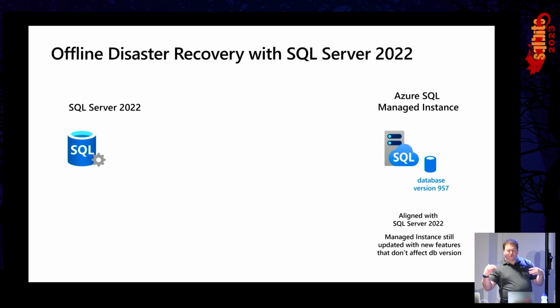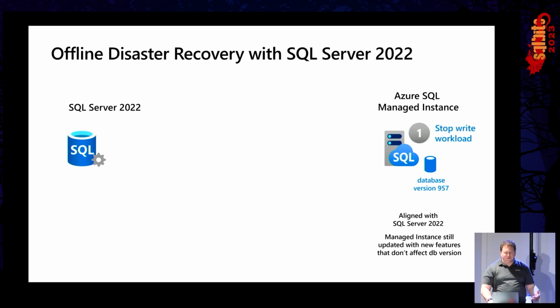If you want to restore something from one version to another, you can't go, and you'll see in the demo, you can't go from 2022 down to 2019. What we've done is we've taken managed instance, and the database versions between managed instance and SQL 2022 are identical. They are compatible with each other. So how do you do it? You stop the workload in the cloud because, again, this is an offline operation.